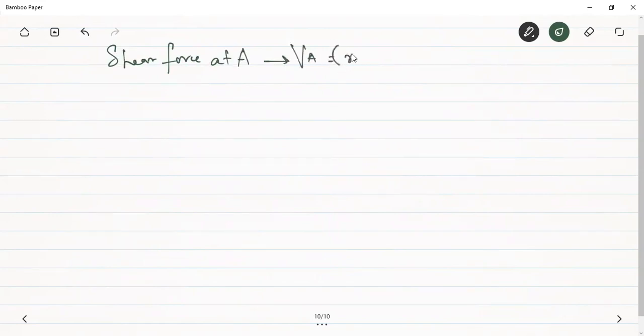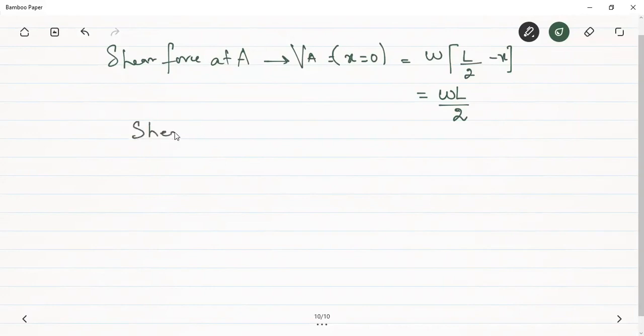V at A means x is equal to 0. Therefore, our equation was omega L by 2 minus omega x. At x equal to 0, the shear force will be equal to omega L by 2. This is the shear force at A.